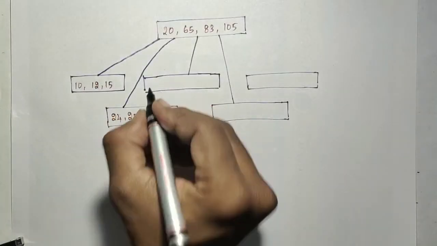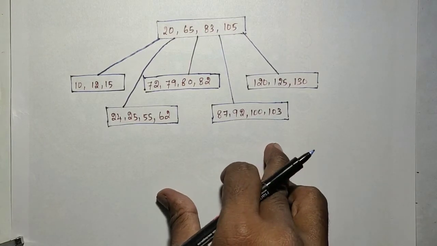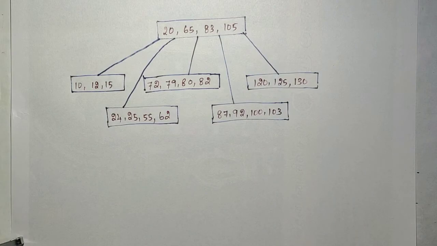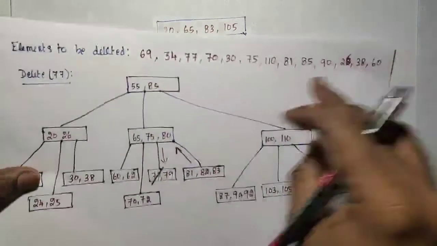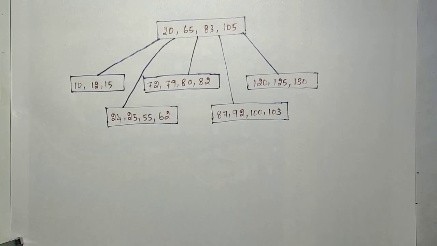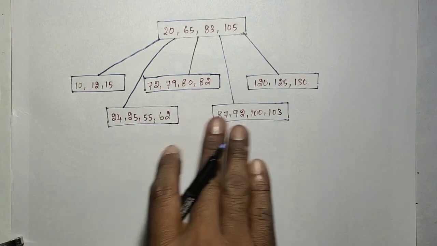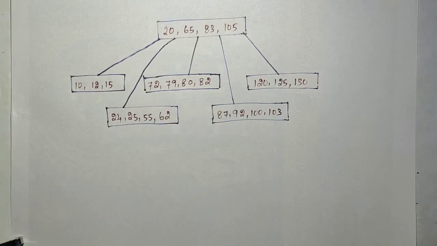Okay, 72. So this is the final tree after deleting these elements. After deleting this list of elements, this is the final tree. So you can continue this operation for a more number of elements. You can delete a more number of elements.